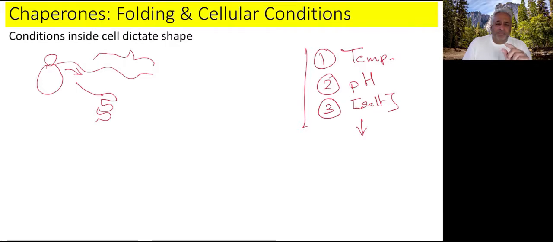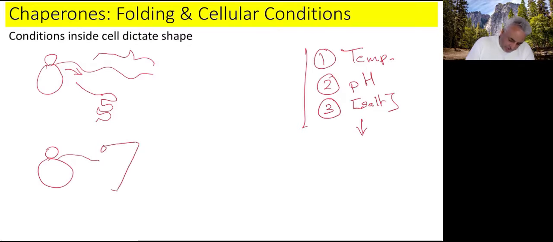However, some proteins need a special environment away from everything else in which to fold, because that shape may not be automatic in the cellular environment. So what happens in those cases is, as the polypeptide is being produced by a ribosome, the polypeptide is either directly or indirectly placed inside a protein container.